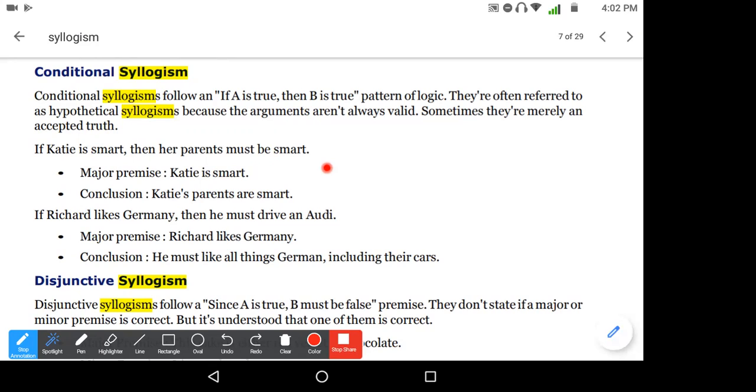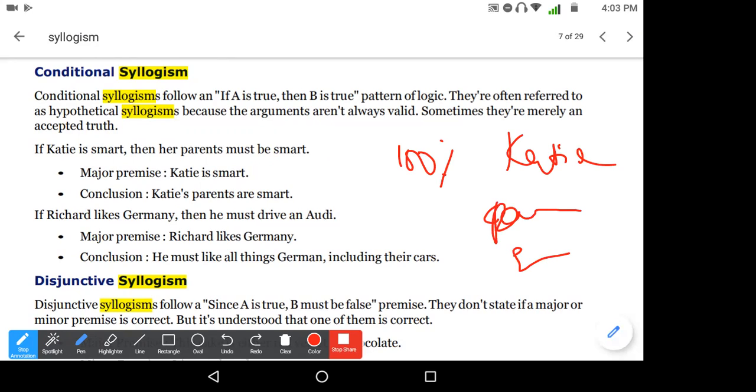Now, can you definitely say, or can you 100% say, yes, Katie is smart because her parents are smart? You cannot say. Or you cannot say, parents are smart, so their kids will also be smart. You can never come to a conclusion so easily.